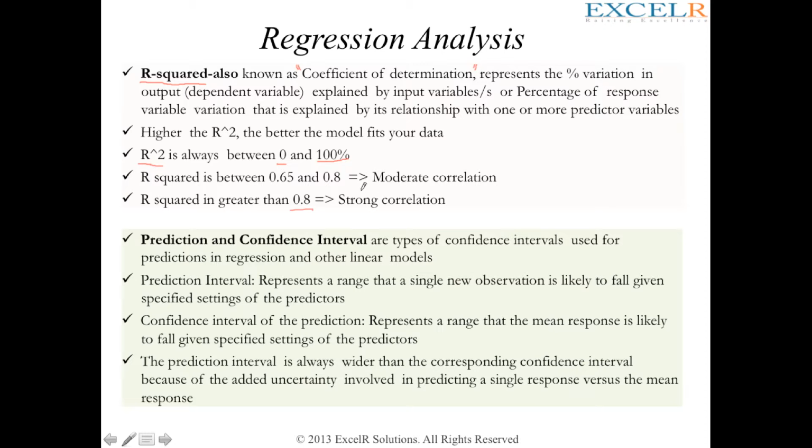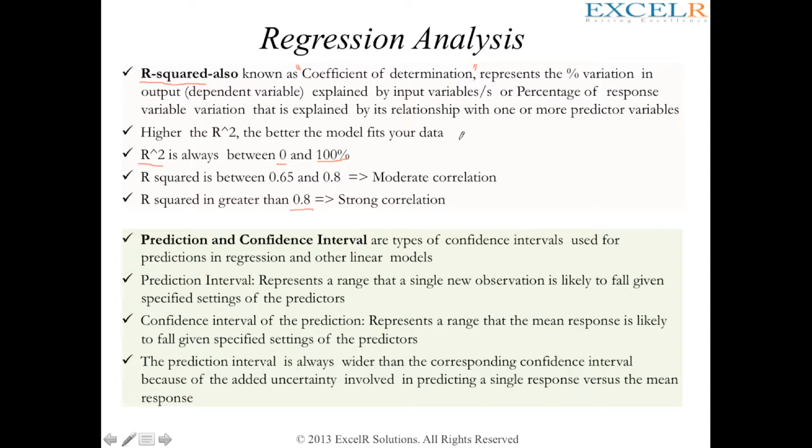Statistically, this R squared value would be explained in this way. I'm going to tell you the statistical definition. If you like, you can consume that, or you can go with the thumb rule that if R squared value is greater than 0.8, you have a very good model for prediction.